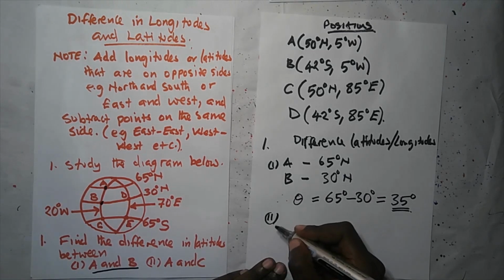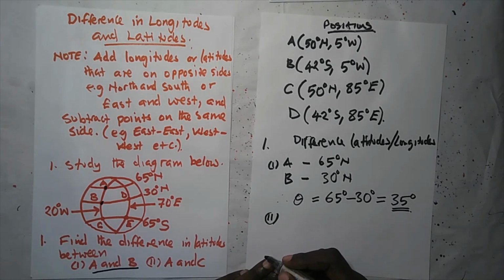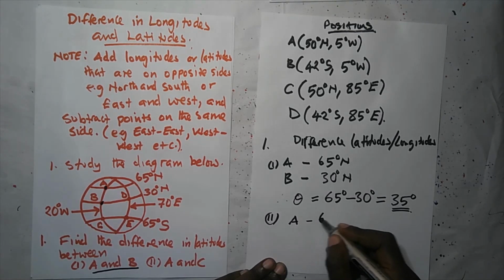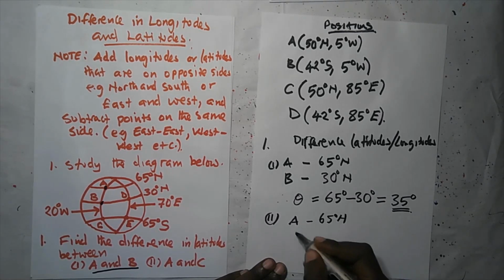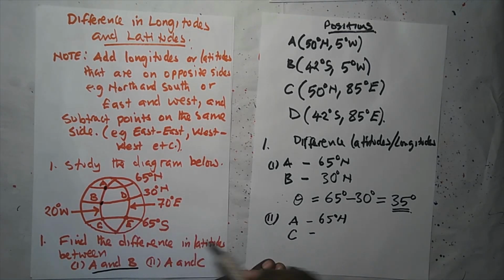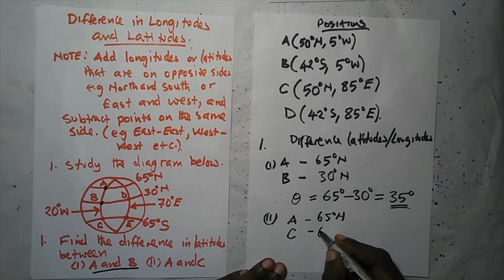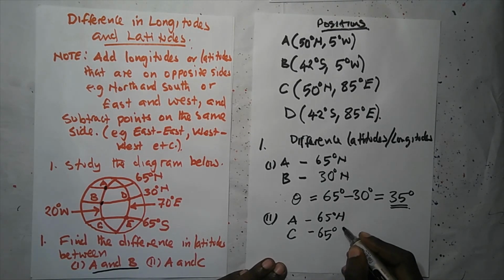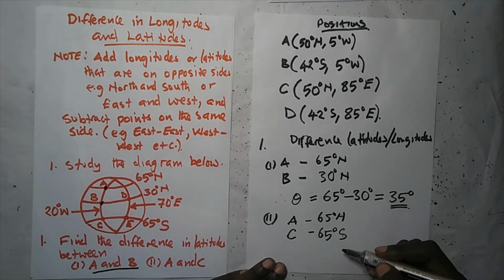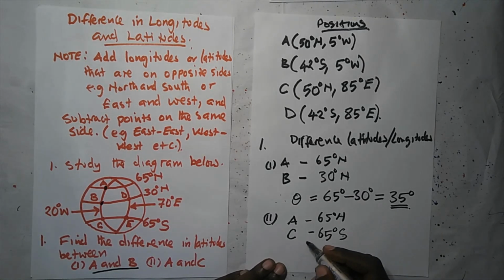Number 2, find the difference in latitudes between A and C. A is on latitude 65 degrees north. C is on latitude 65 degrees south. Since these two are on opposite sides, one on the south, the other on the north, we add the two.